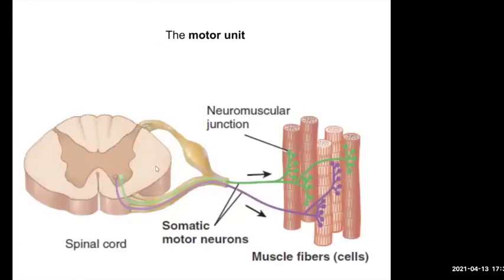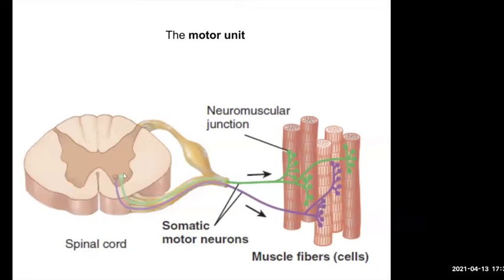So this brings us into this whole concept of a motor unit. There's going to be a neuron in the central nervous system, in the spinal cord here, that's going to send out its axon and innervate a certain number of muscle fibers. This green one innervates 3. This purple one over here innervates 2.